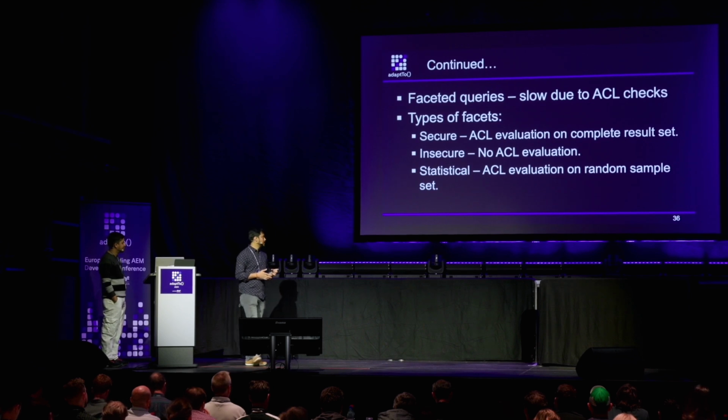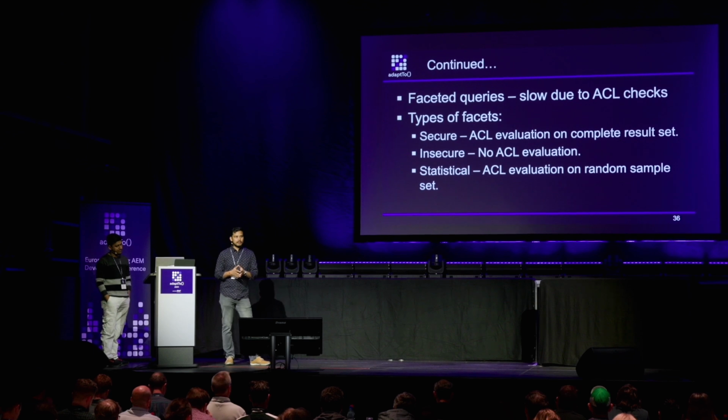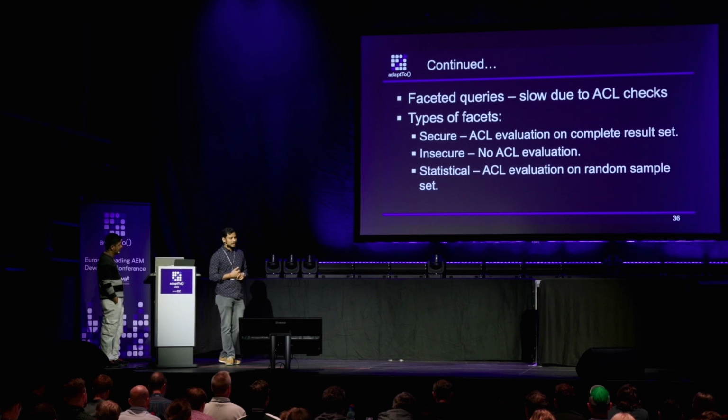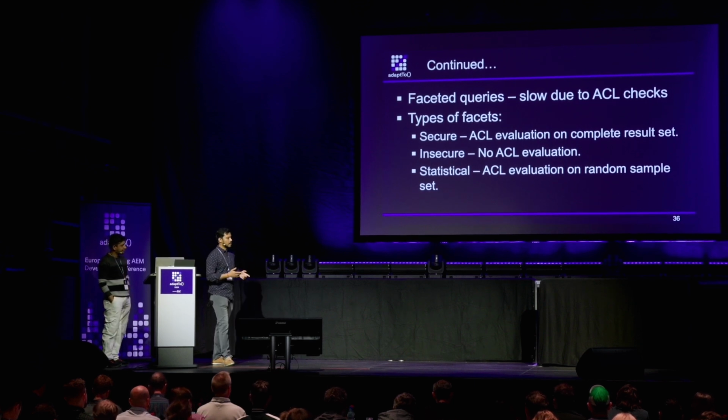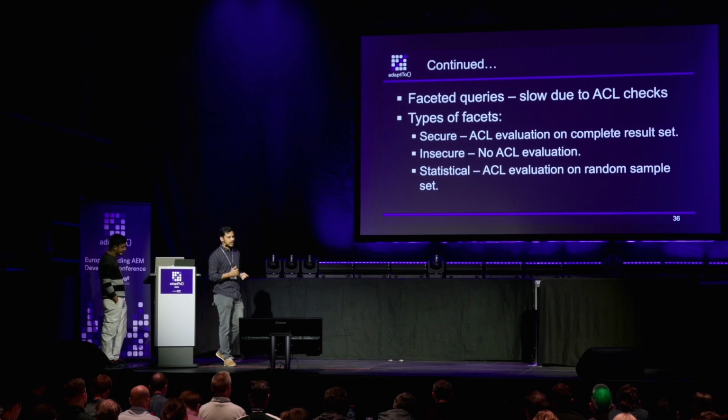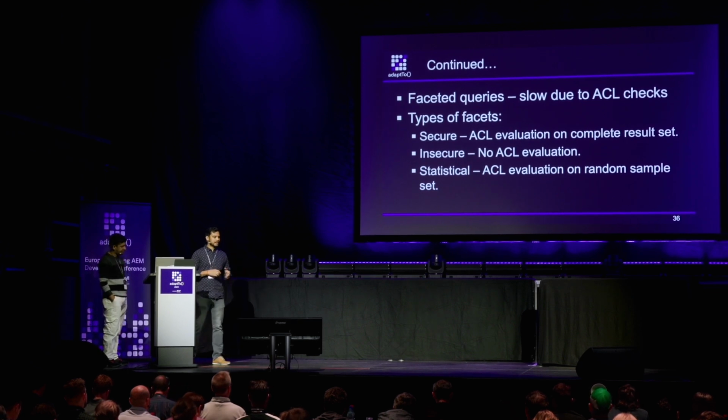Then there is the third option, statistical, where we get a random sample set, calculate ACLs, and finally extrapolate that on the complete repository to get the faceted results. So in this case, you have to make sure what exactly you want from your queries and which particular config is best for you. So in case of a facet query, make sure to set a proper configuration.